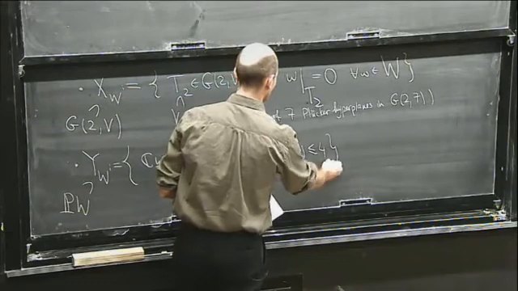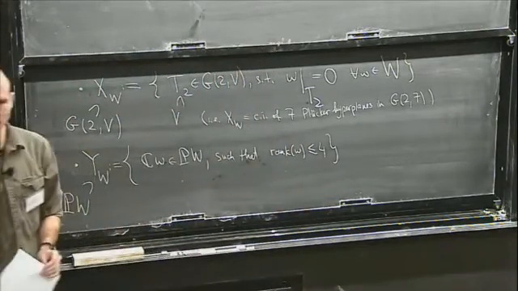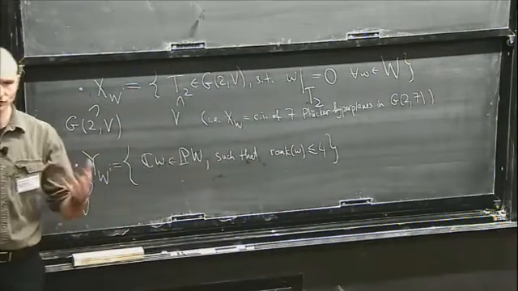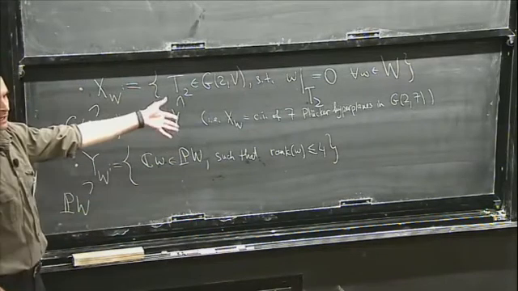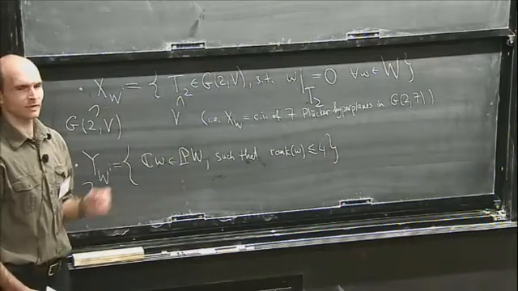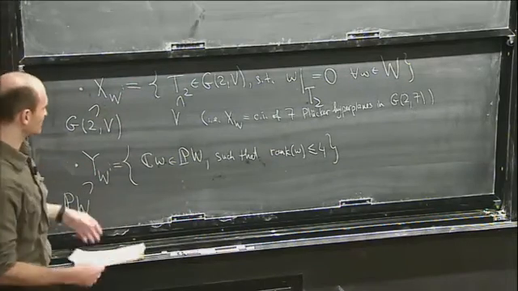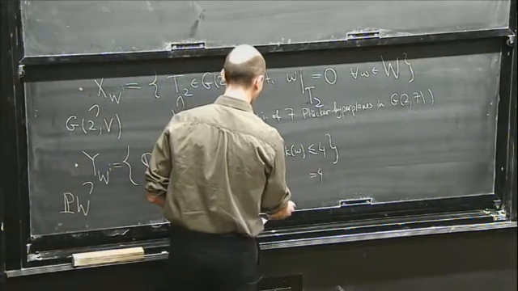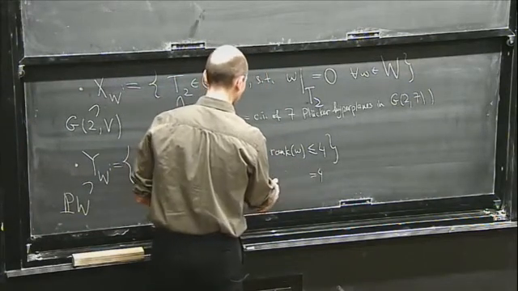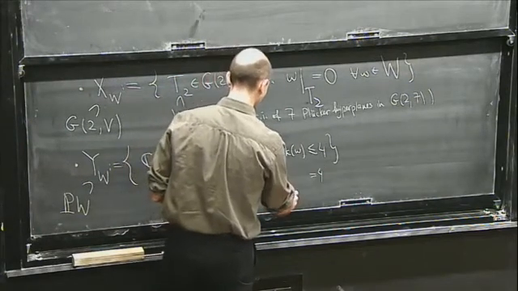Now, a rank of a skew form is always even, so generically the rank should be 6. But it drops down to 4 in a codimension 3 locus. And if capital W is generic, then this actually will be equal to 4 because you're going to miss the rank 2 locus.